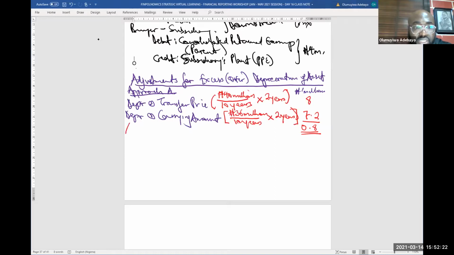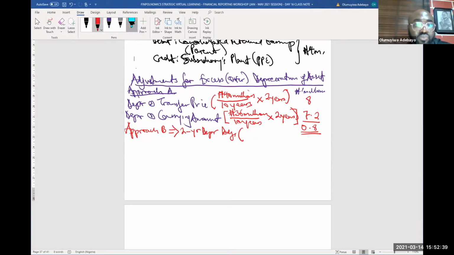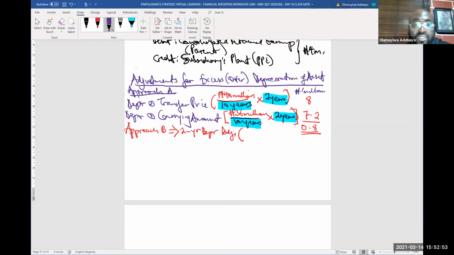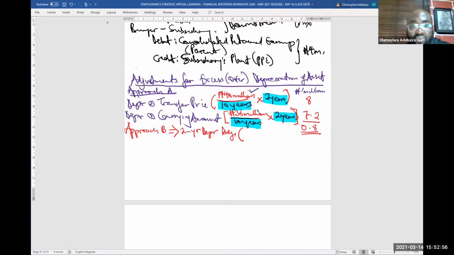And this also is supported by approach 2. Approach 2 is saying that your adjustment for a 2-year depreciation is to look at what are the common factors. 10 years is a common factor. 2 years consumed is a common factor. What is not common are these items, 40 million and what? 36. And the difference between them is what is causing these differences here.